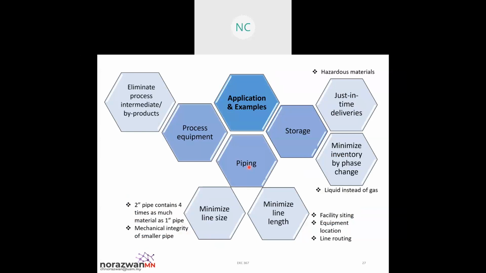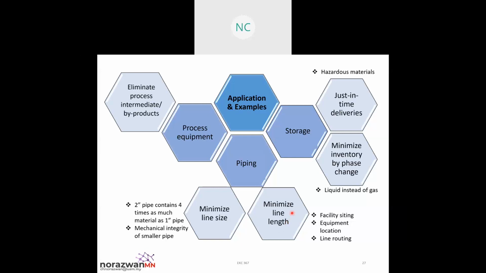There are many types of minimization strategy that you can apply, for example for your storage, piping, and process equipment. For piping lines, maybe you can minimize the line size or the line length. However, you need to consider whether it is good enough for that process.